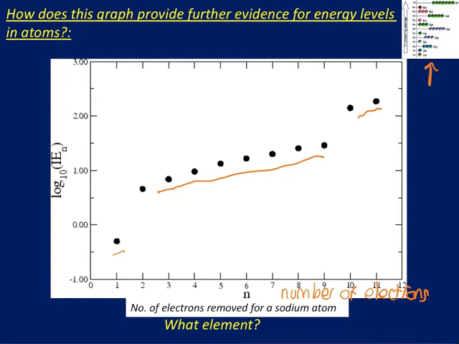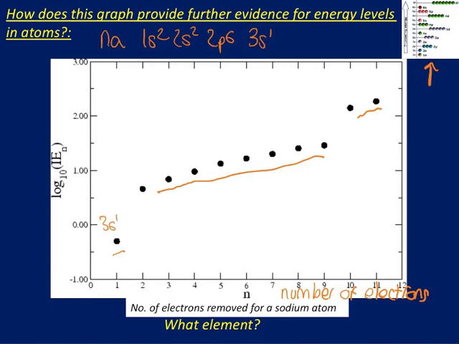So hopefully now you are saying that the electron configuration for sodium is 1s2, 2s2, 2p6, 3s1. So knowing that, this must be 3s1.